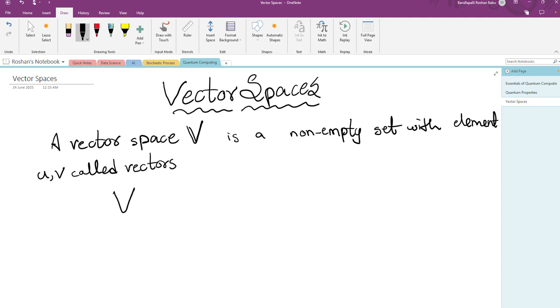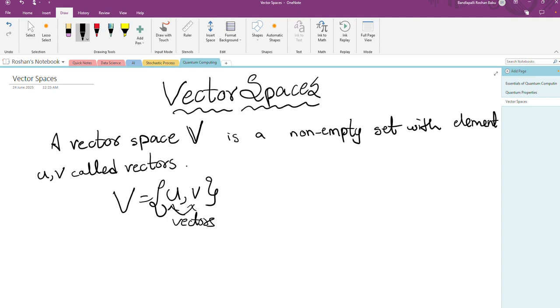That means in a vector space we are having u comma v, where u and v are also vectors. Okay.